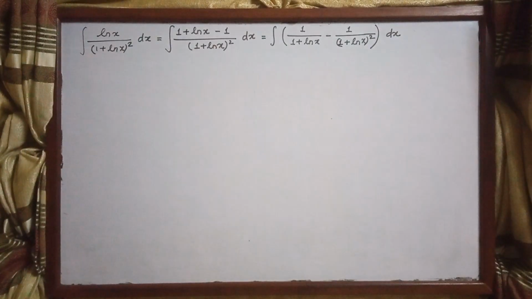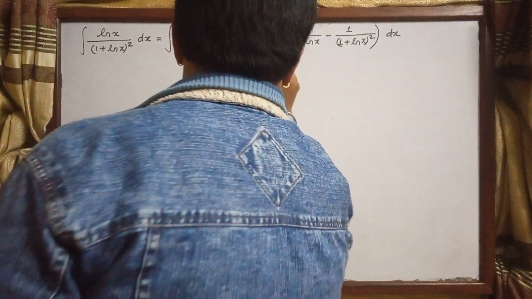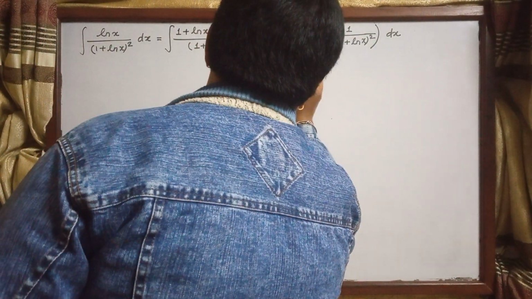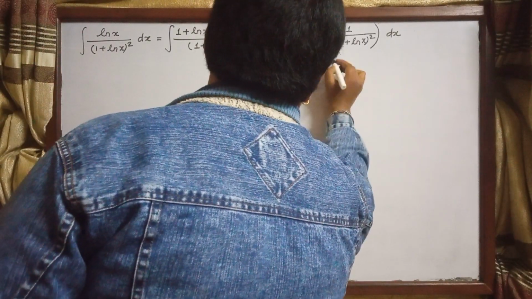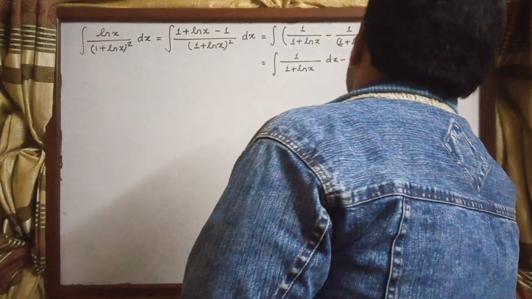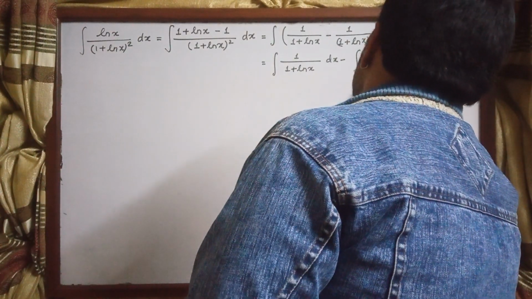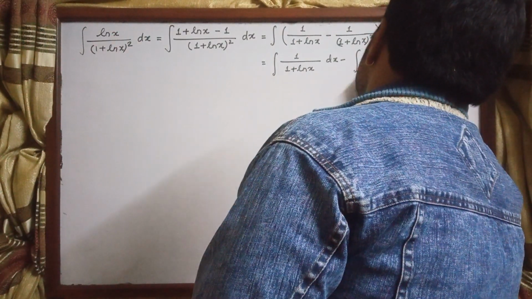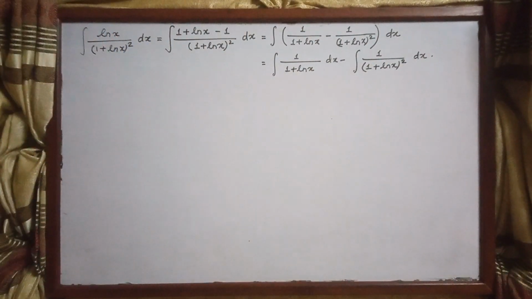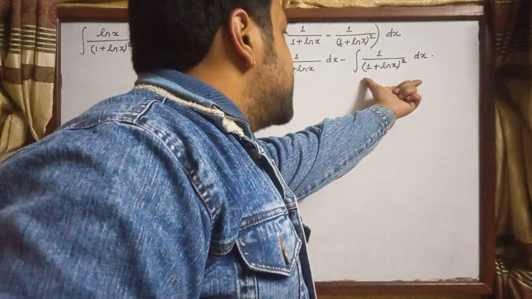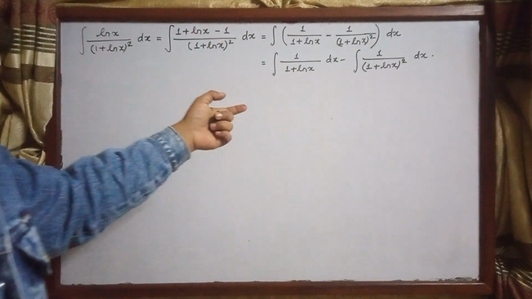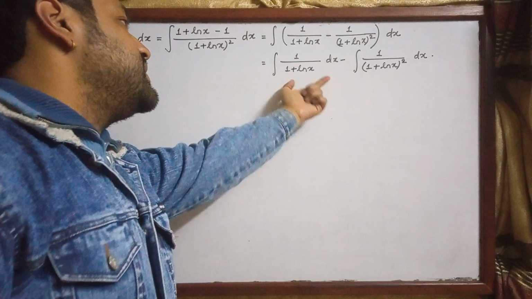Now using the linearity property, we can rewrite this as the integral of 1 over (1 plus log x) dx minus the integral of 1 over (1 plus log x) squared dx. Now we'll tackle this integral if we have to later on. Now let's just focus on this integral.